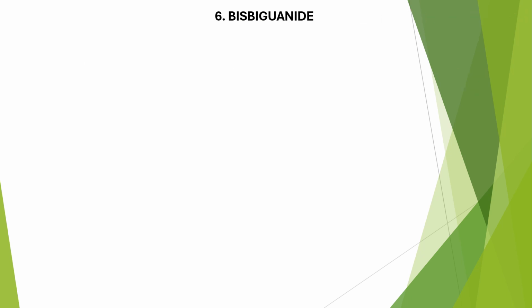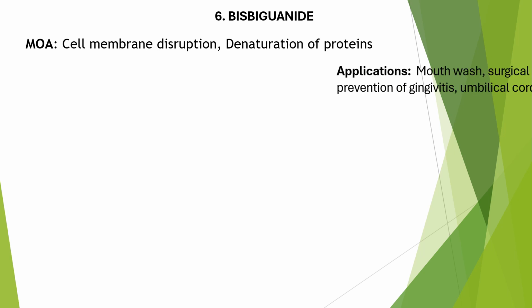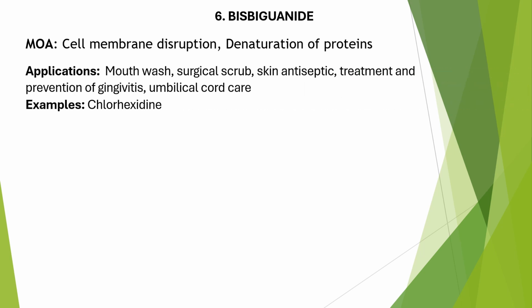The next class we have is bisbiguanide. The example here is chlorhexidine, and this causes cell membrane disruption and denaturation of proteins. So you can have chlorhexidine mouthwash, chlorhexidine skin antiseptic, and you can also have chlorhexidine gel that is used in umbilical cord care.